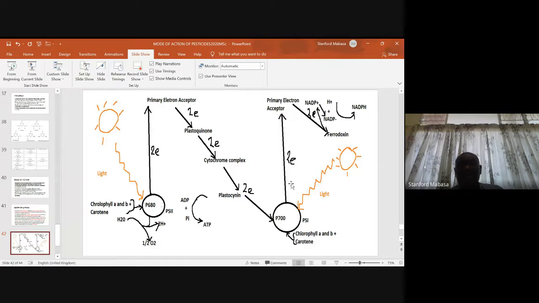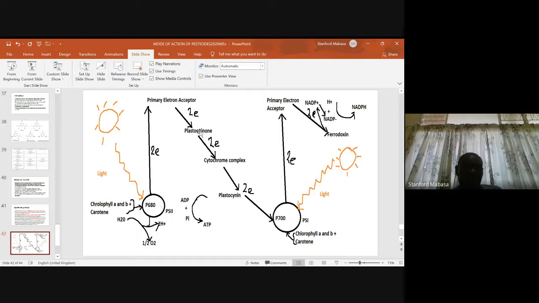Now the electrons will also go to the primary electron acceptor, and eventually they go to ferredoxin, leading to the formation of NADPH. So on the one hand, we have NADPH being formed here, and also at this point, we have ATP being formed from ADP. So if we apply atrazine, atrazine will come somewhere in between here.